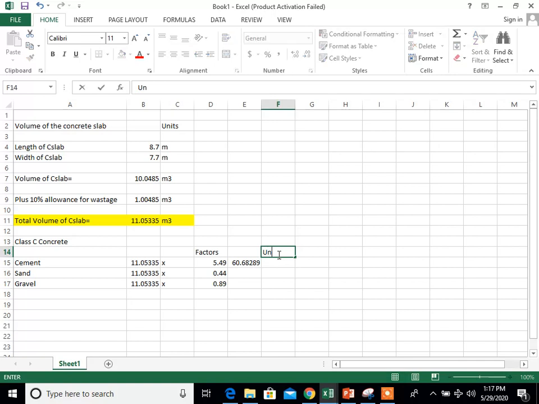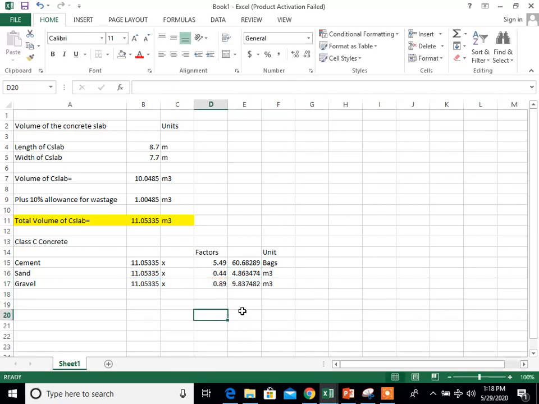The unit here is bags for cement. Then for sand and gravel, the unit is cubic meters. Then next, 11.05335 times 0.44, so the total volume for the sand is 4.863474 cubic meters, and for gravel, 11.05335 times 0.89.